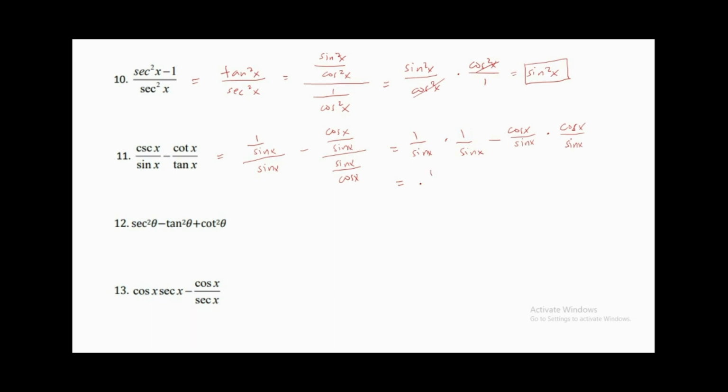So that becomes 1 over sine squared x, because sine x times sine x is sine squared x, minus cosine times cosine will be cosine squared x over sine x times sine x is sine squared x. They have the same denominator, so we are going to copy the denominator sine squared x and 1 minus cosine squared x.